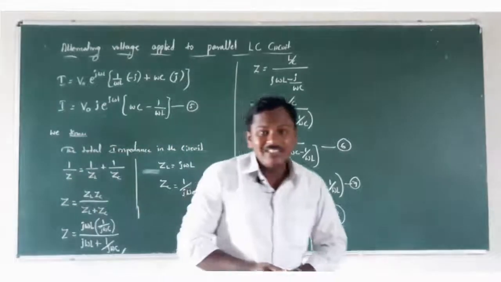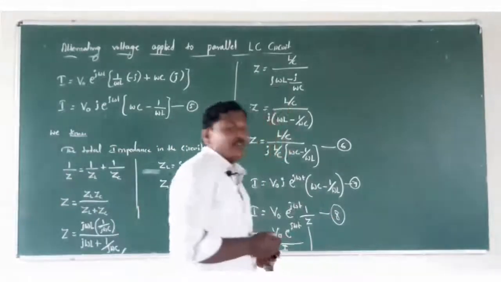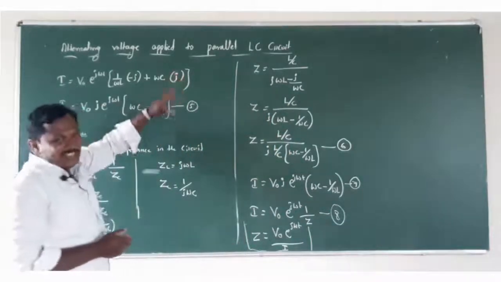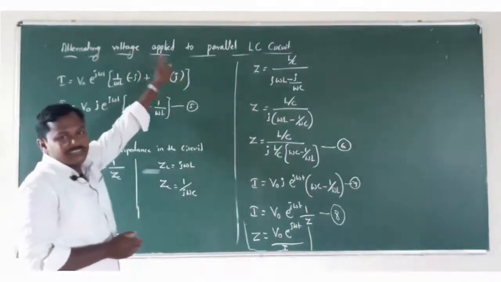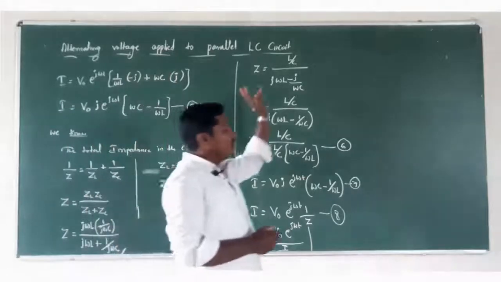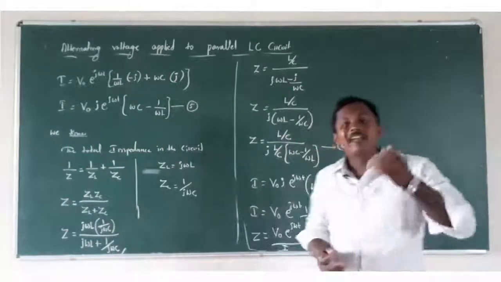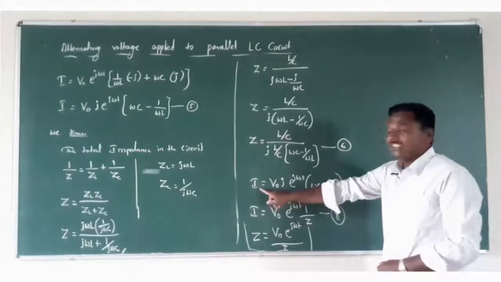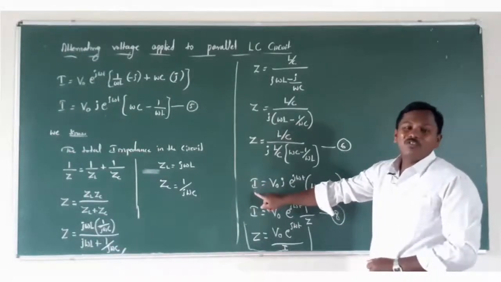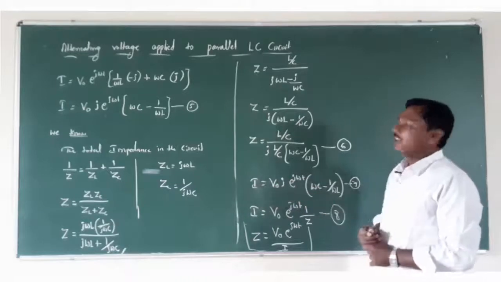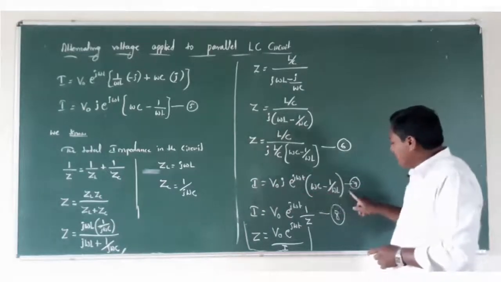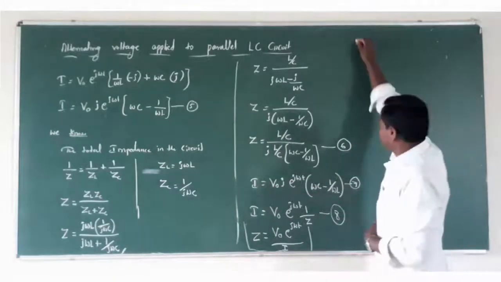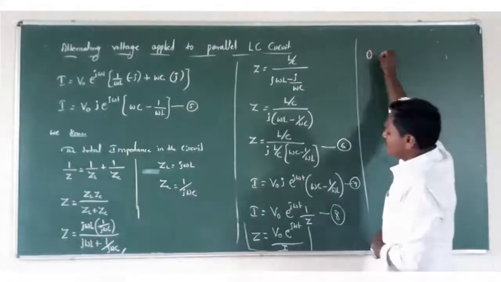So, at a resonance circuit, the current flows through both the branches, in the sense we are going to observe the inductor and capacitor. The currents flowing through the inductor and capacitor are equal. Therefore, when the currents are equal, the net current flowing through the circuit is equal to 0. Therefore, this equation 7 becomes 0 is equal to the net current.